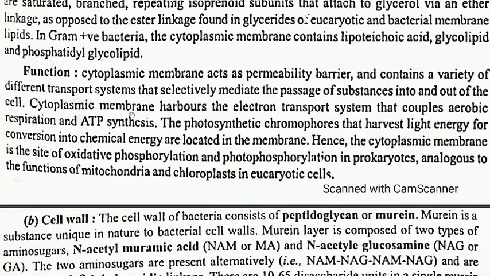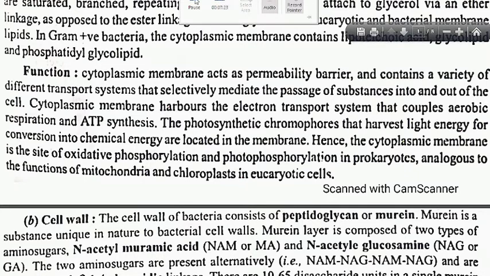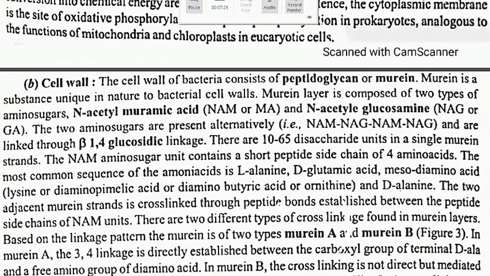Then it has the photosynthetic chromophores that harvest light energy, that means they convert light into chemical energy, and they are located in the membrane. Then the cytoplasmic membrane is the site of oxidative phosphorylation and photophosphorylation as in prokaryotes. So it is analogous to the functions of the mitochondria and chloroplast in the eukaryotic cell.